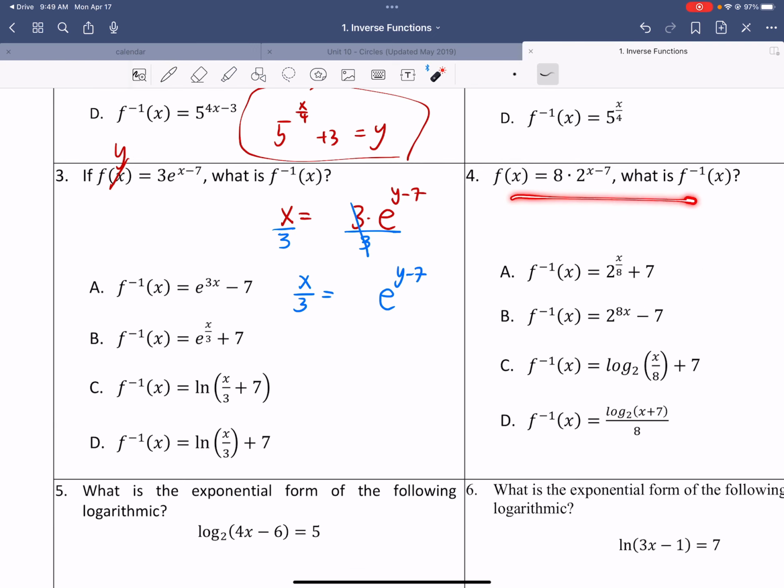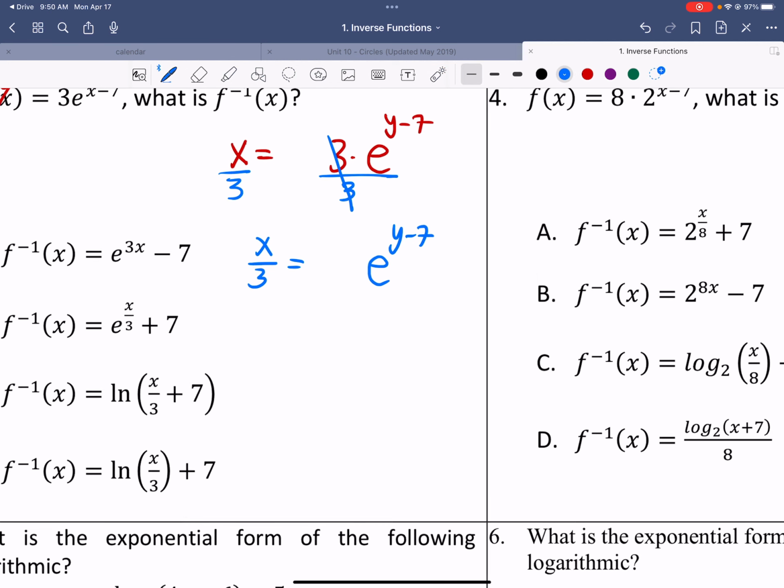I believe you should be able to do this one. So now, how can I get rid of e? I have to do log base e on both sides, right? To get rid of this. But what you've got to know is, what is log base e? If it was a number, that's it. But e has a specific form, which is natural log, right?